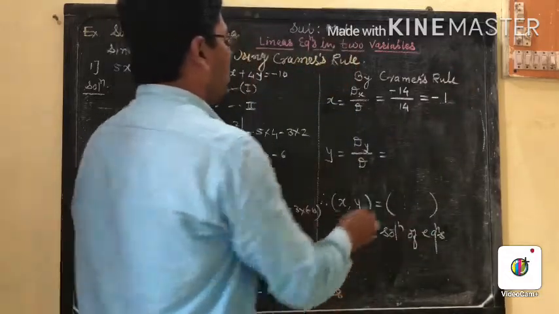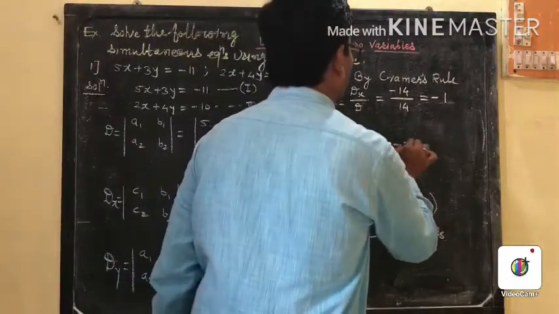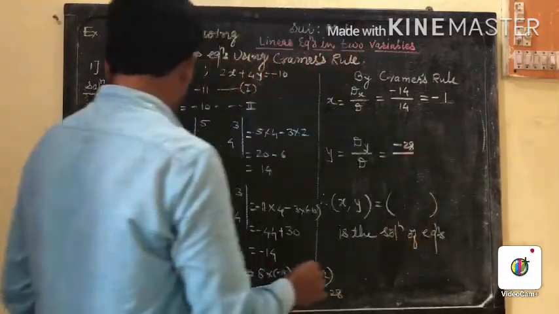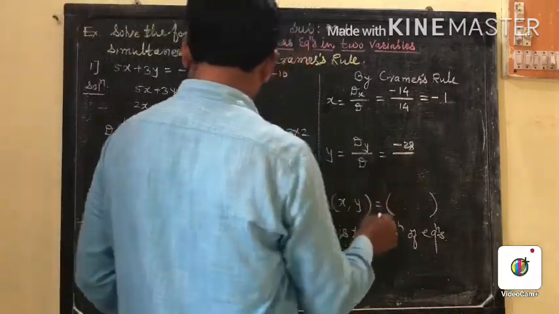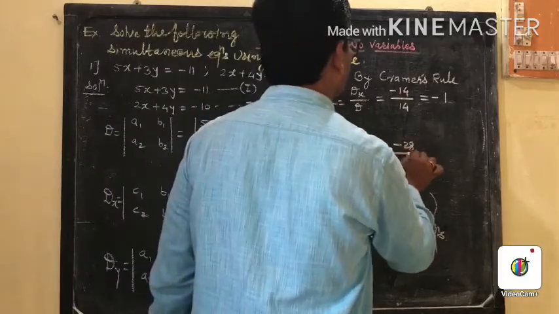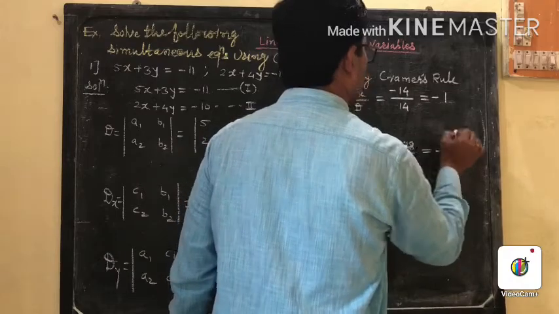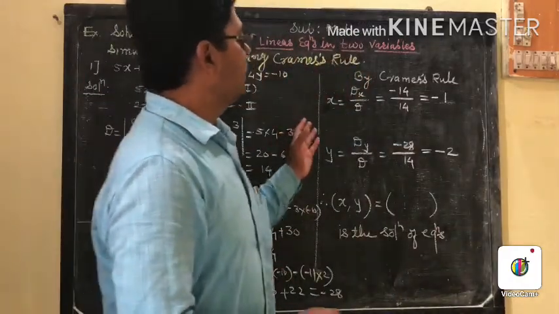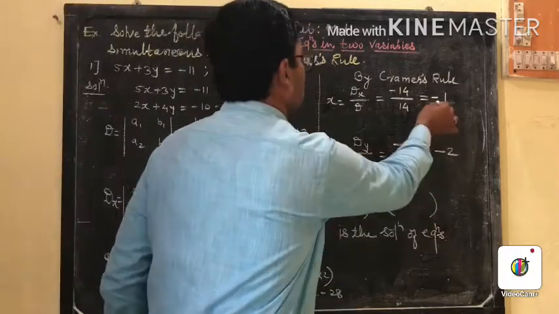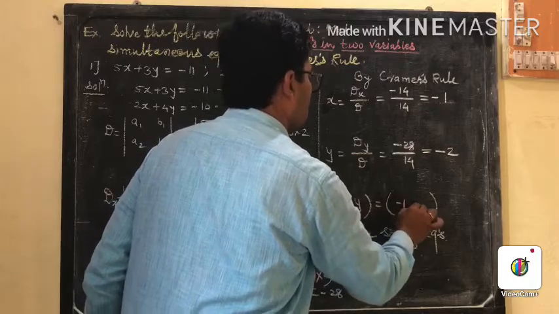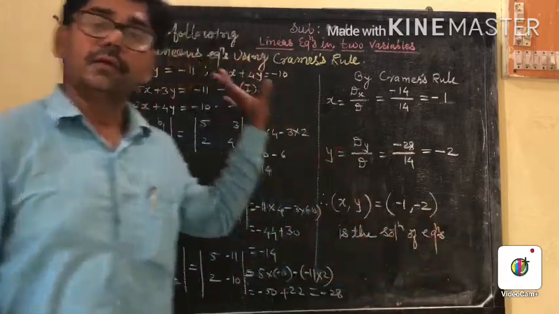And the value of y is Dy upon D, where Dy is minus 28 divided by D, and D having the value plus 14, which is equal to minus 2. You get the solution of these two simultaneous equations: x is equal to minus 1, y is equal to minus 2 is the solution of the given equations.